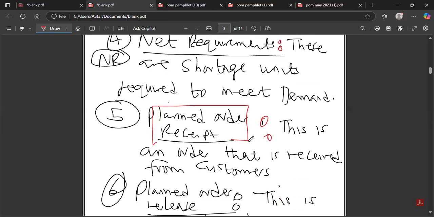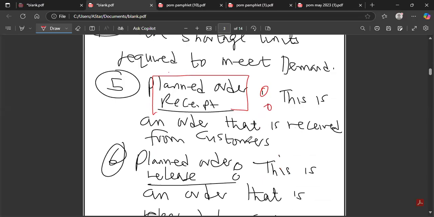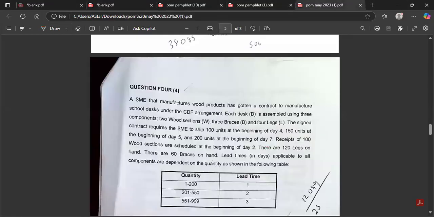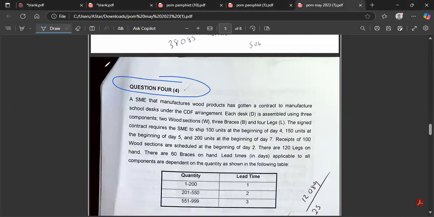Planned order receipt is an order that is received from customers. And the planned order release is an order that is released to customers. So these are the 6 components. Okay, I want us to look at this question paper. But before looking at the question paper, I thought to first explain to you what goes on in MRP.